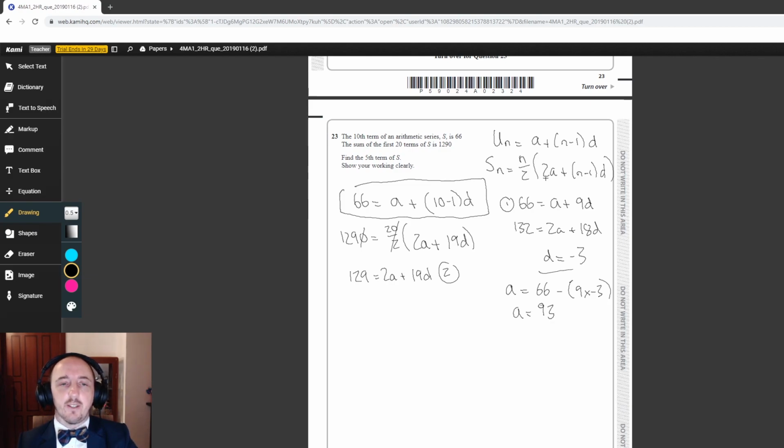A equals 93. So now we can finally find the fifth term. The fifth term, U5, is a plus n minus 1 times negative 3. 93 plus 4 times minus 3, minus 12, gives you 81.